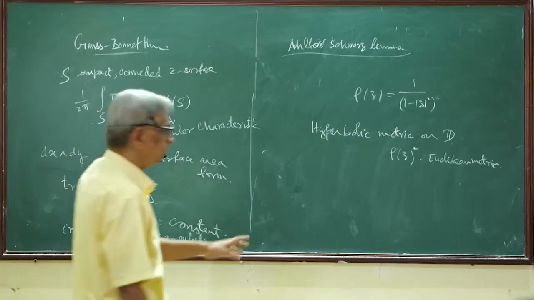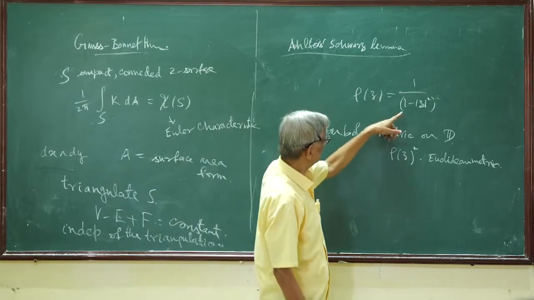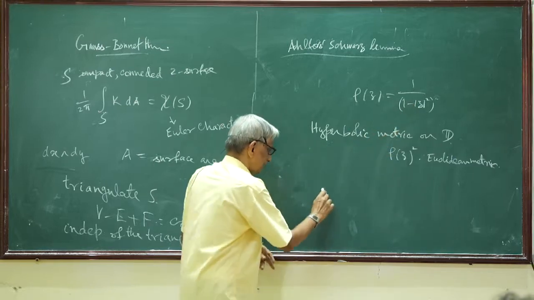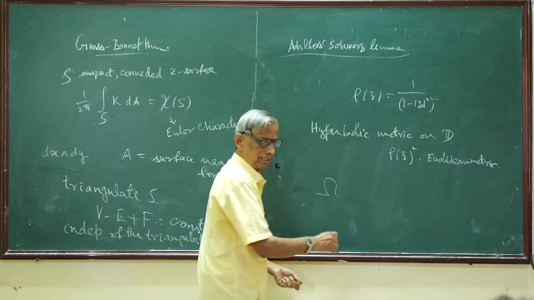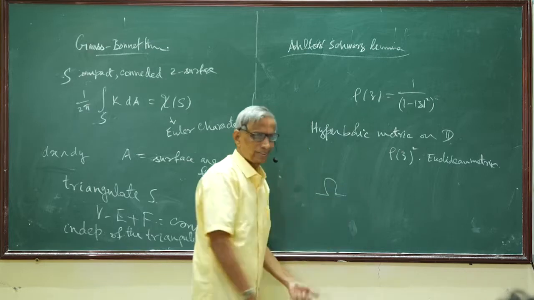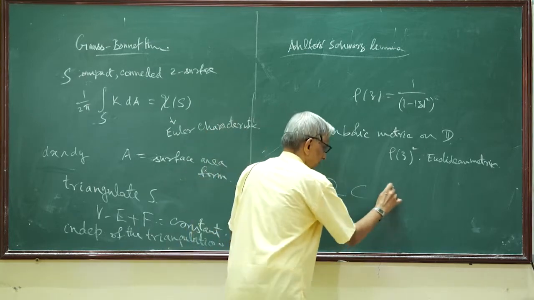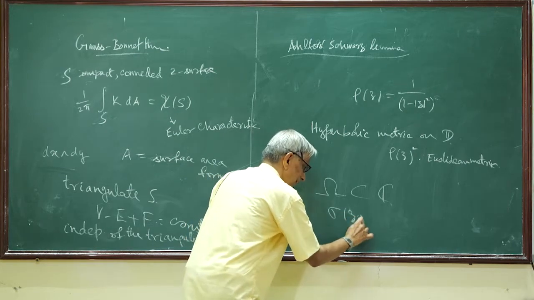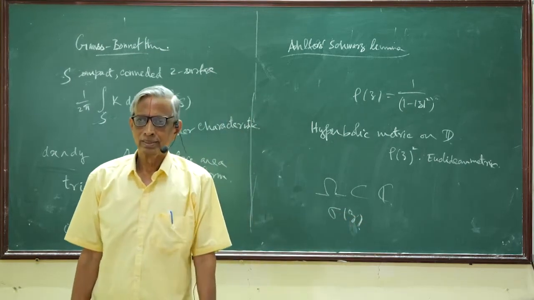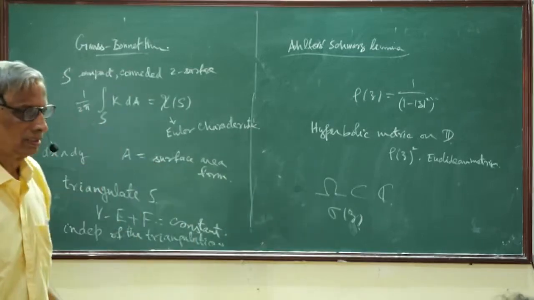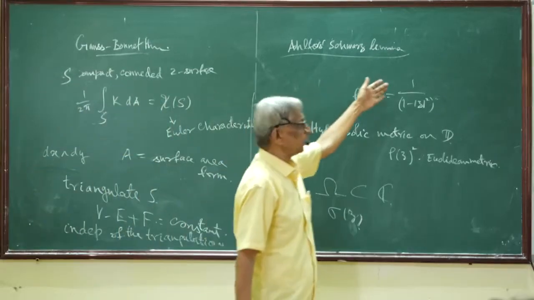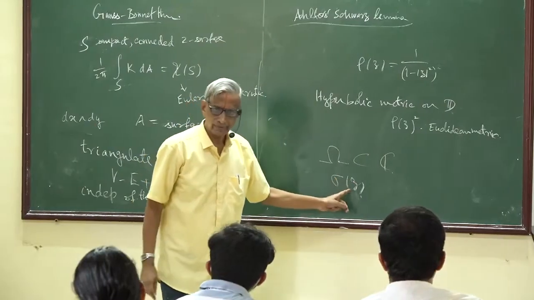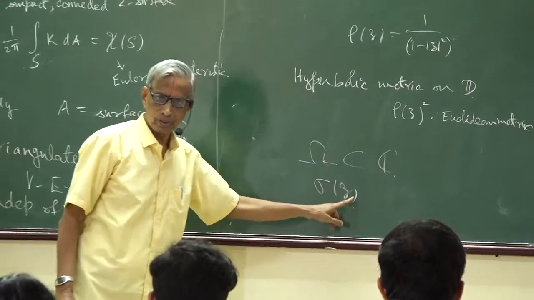In general, if you have a domain in the complex plane, any open connected set in the complex plane, let's say, look at any function sigma z, which is, say, positive, and you can try to define a metric using this function.